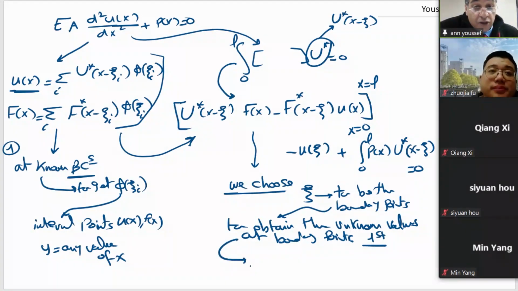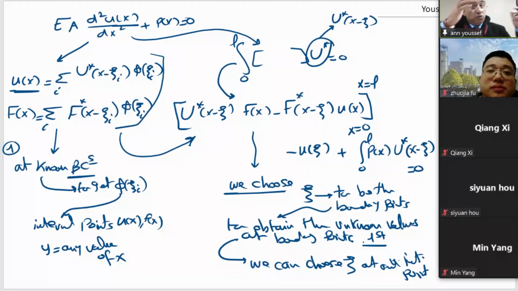Then we can choose xi at any internal point to get values of u and f at any internal point.